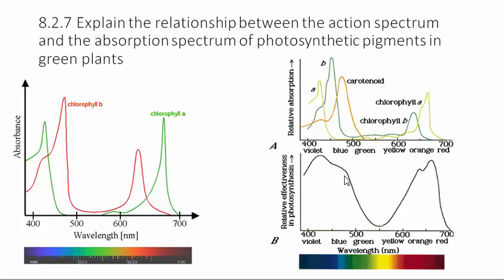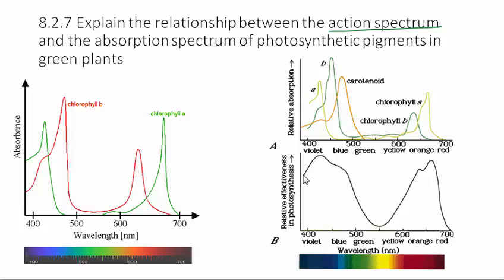Many wavelengths of light are absorbed during photosynthesis, but only some are being used. And the parts that are being used for photosynthesis to take that light energy and convert it into chemical energy, that's called the action spectrum.